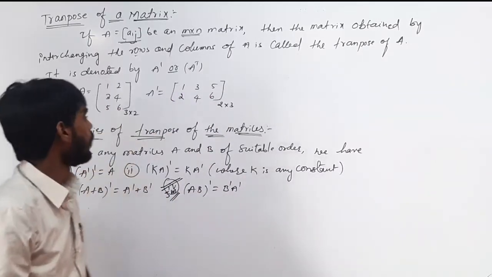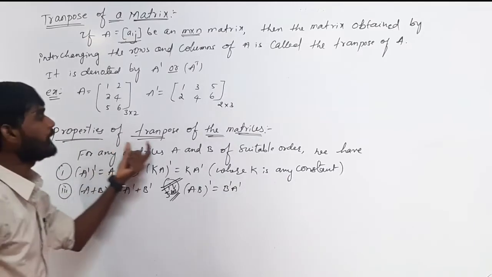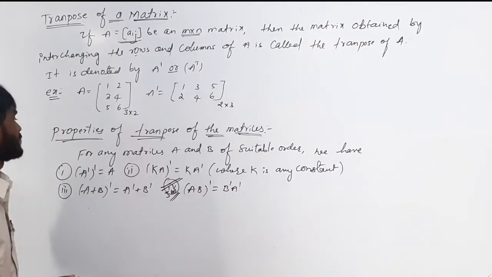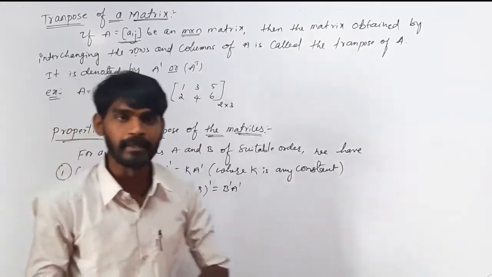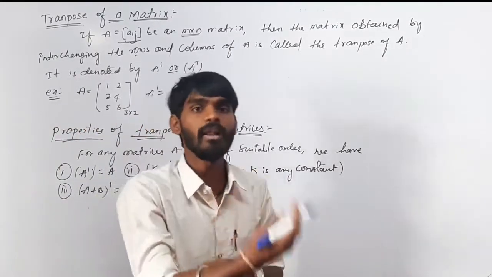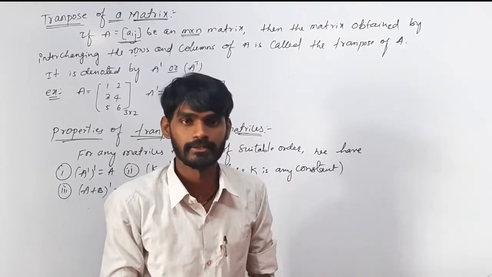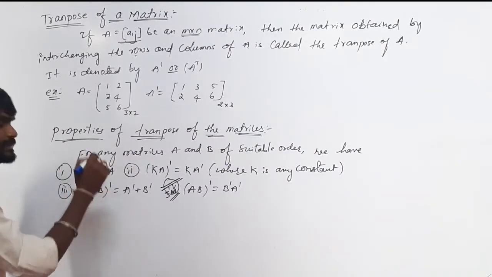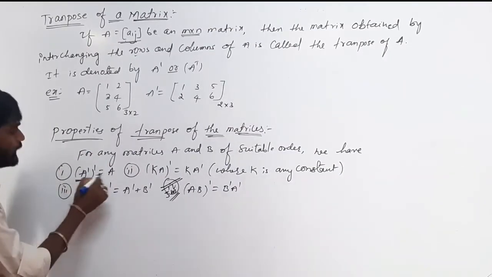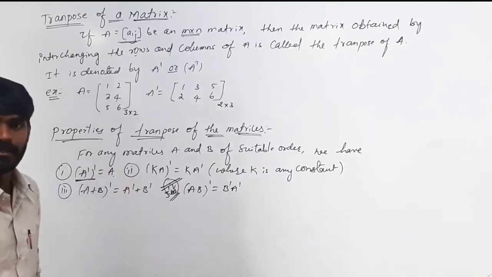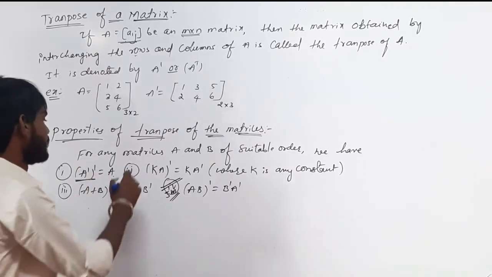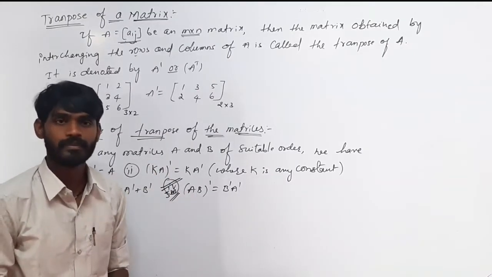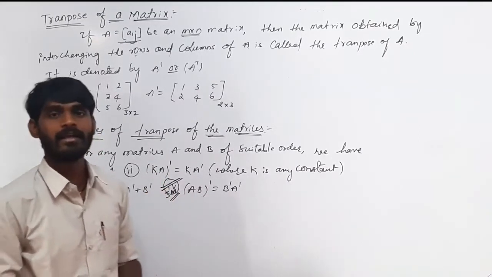Okay. So now, next come to the properties of the transpose of a matrix. For any matrices A and B, of suitable order, the first one is (A dash) whole dash is equal to A. Then we will get the same matrix, that is A. The second property is (K into A) whole dash, where K is a scalar constant.